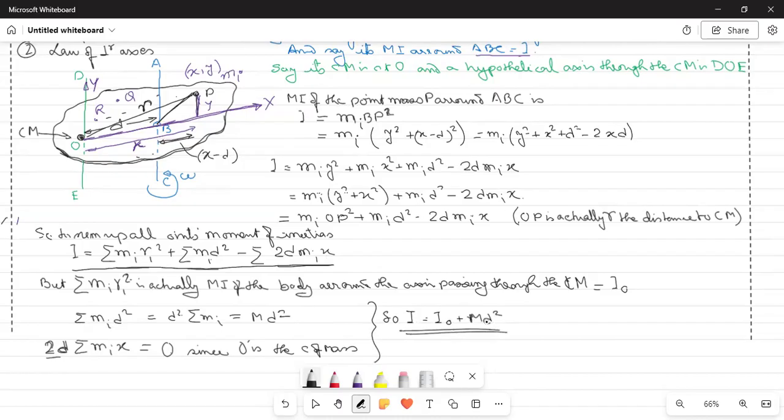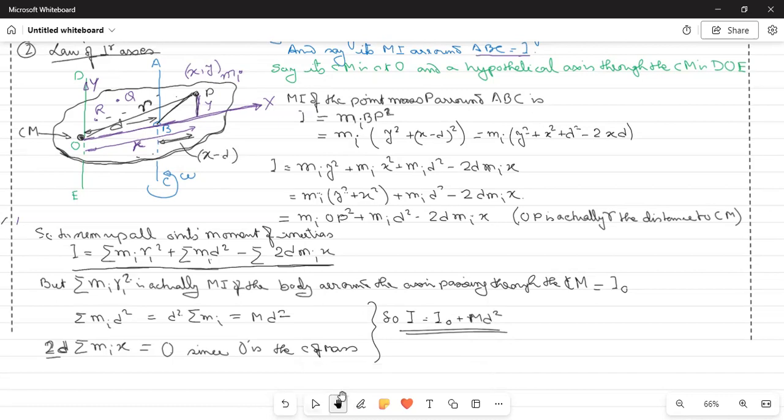That means the moment of inertia of a body around any axis perpendicular to it is equal to the inertia through the center of mass plus the total mass multiplied by the square of the perpendicular distance between the two axes. This is called the law of perpendicular axis.